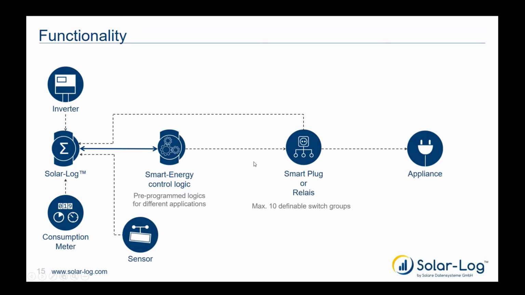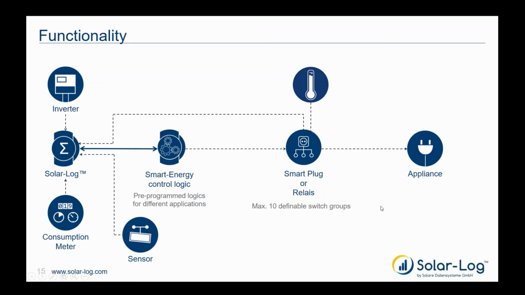So we take a radiation sensor, and with this sensor the Solar-Log could calculate a theoretical surplus which is coming from the sun, and then it can turn devices on and off based on this value, not on the real existing surplus which is zero all the time. And now we have some smart plugs or relays with temperature sensors, so you can also do smart energy logics based on a temperature measurement.